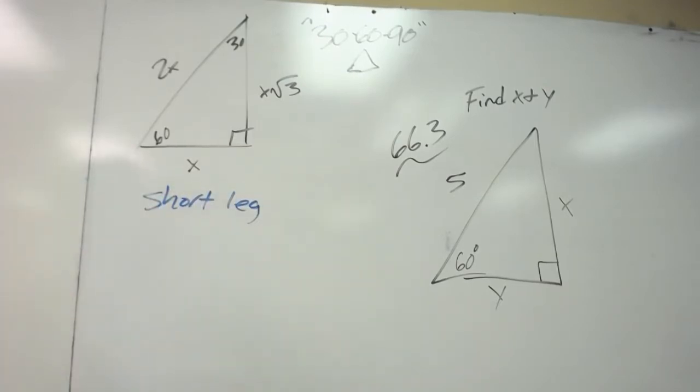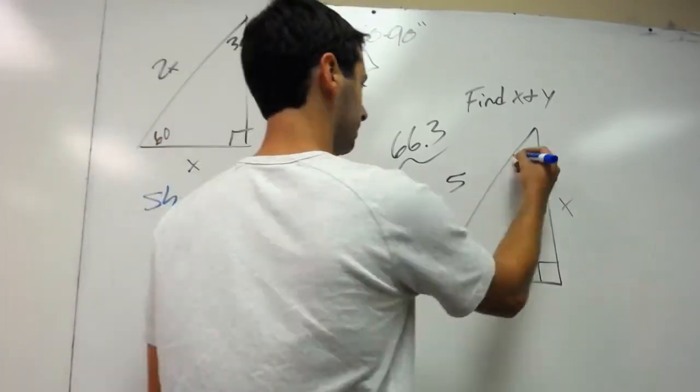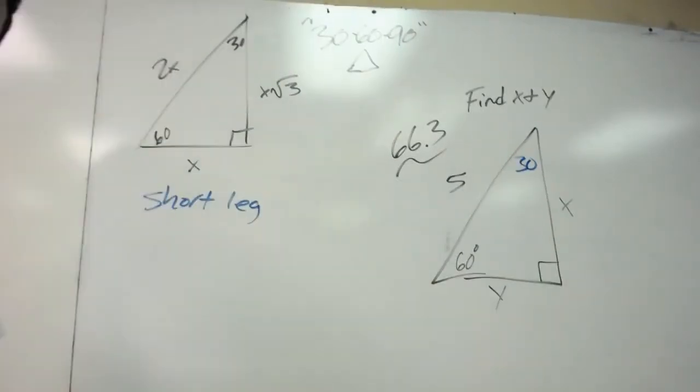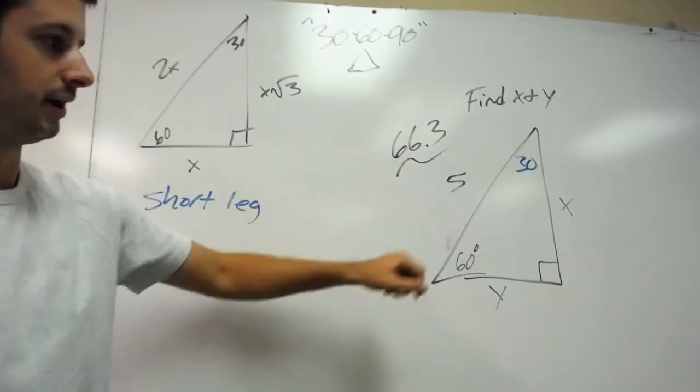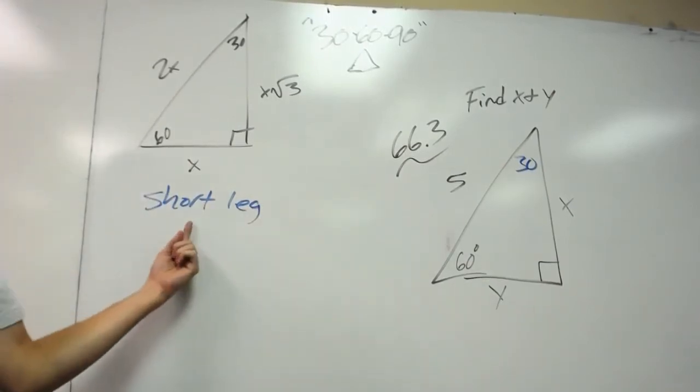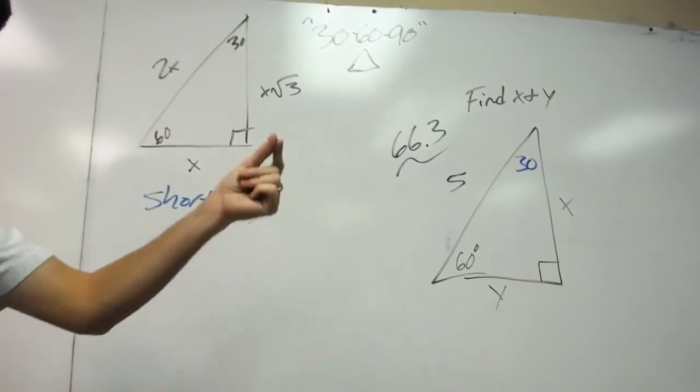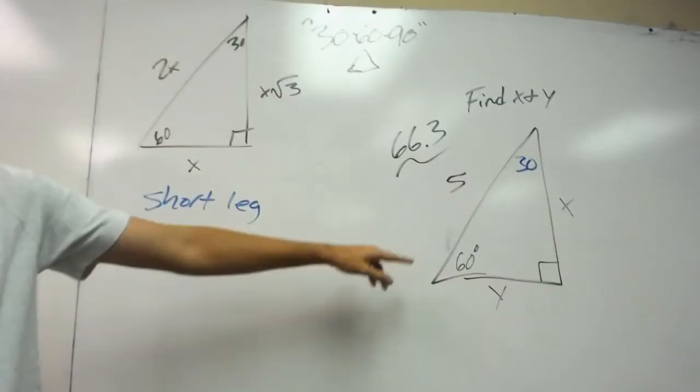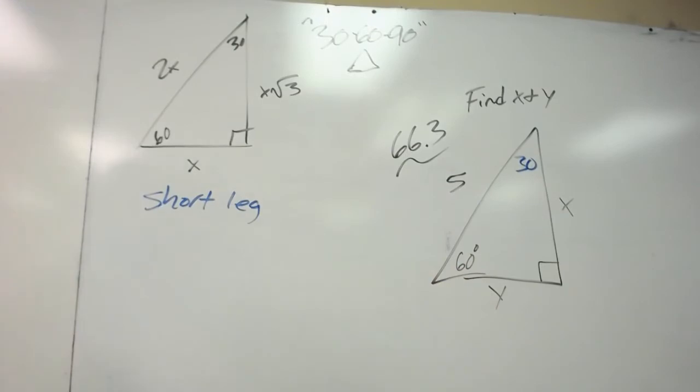Knowing that's our formula, looking at example 66.3, it wants us to find x and y. It gives us a hypotenuse of 5, and it only shows 60. By the triangle sum theorem, we automatically know the other angle is 30, because 60 plus 90 is 150. So now we have a hypotenuse. The short leg is what gives us everything. How can we get from the hypotenuse to the short leg?